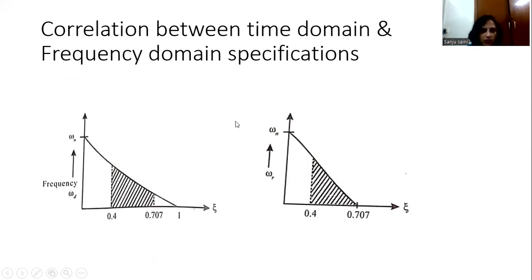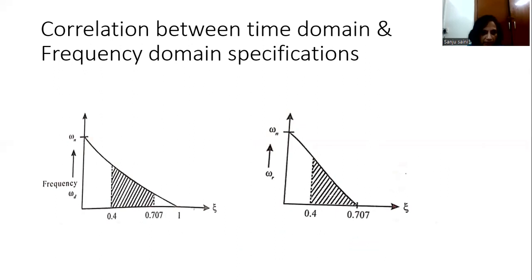Then these two graphs show the variation of the damped frequency, natural frequency and the resonant frequency with the damping ratio. Again, we can see that both of them approach the same type of curve. So it means that the time domain specification and the frequency domain specification are closely related to each other.